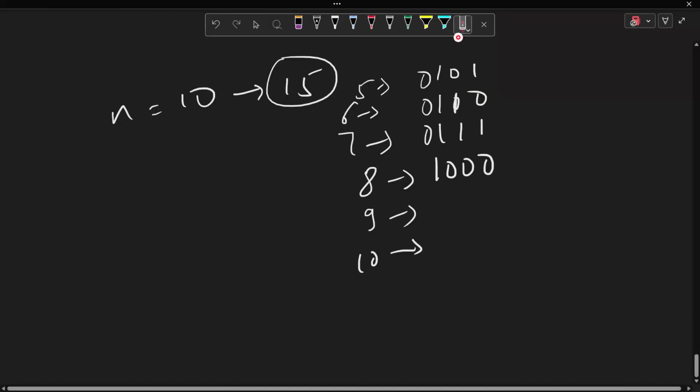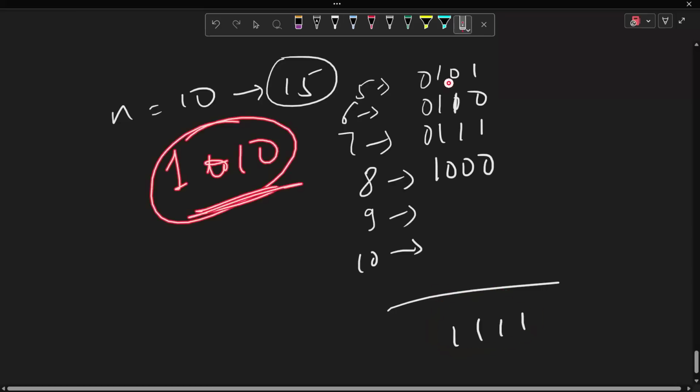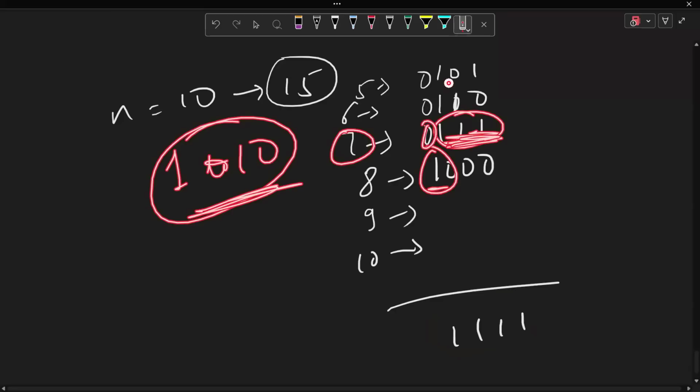What you need finally is 15, which is 1111. So you want to make 15 using numbers from 1 to 10 only. First, you can utilize this 7, where you would be able to set all these 3 bits, and you can utilize this 8 where you will be able to set this bit.